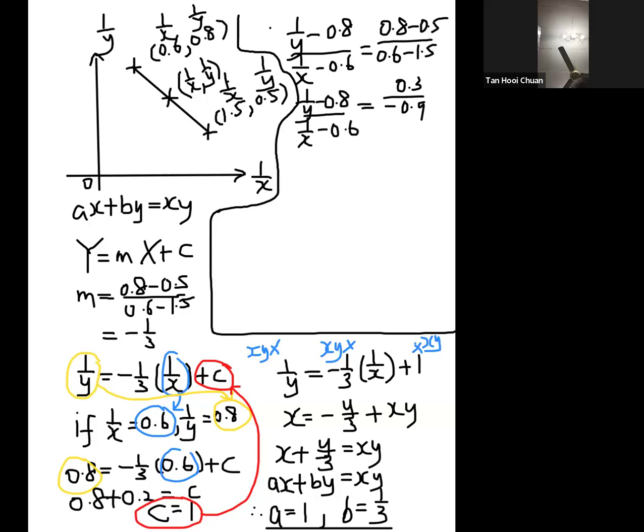So this is negative 1/3. So it's negative 1/3 times 1 over x minus 0.6. Yeah, I erase it.